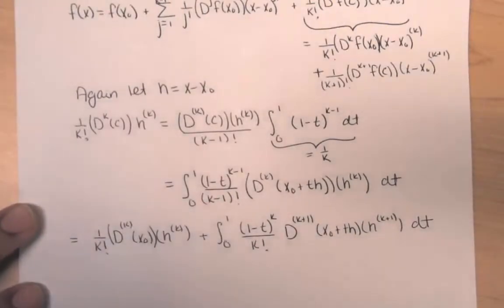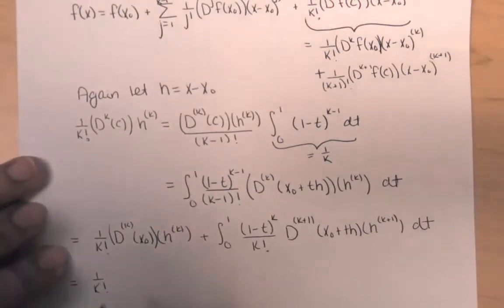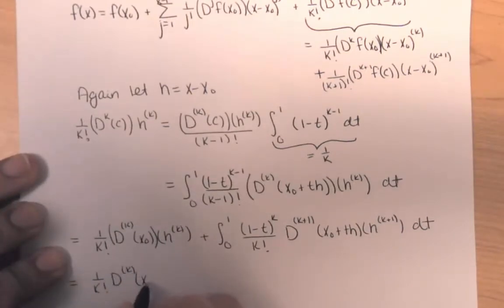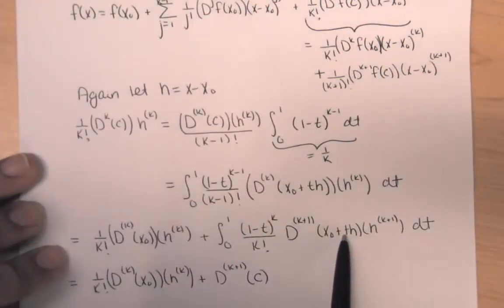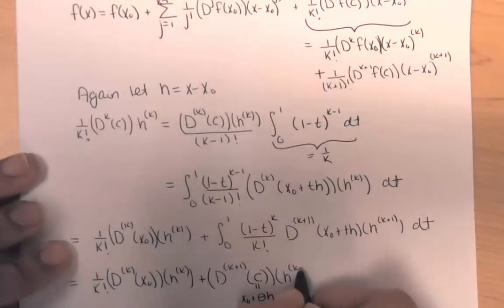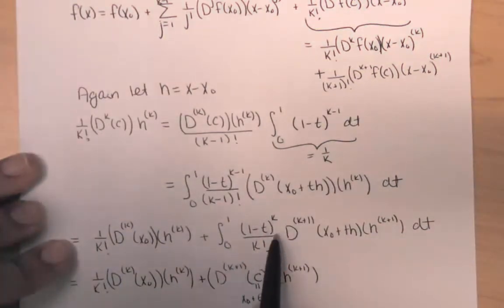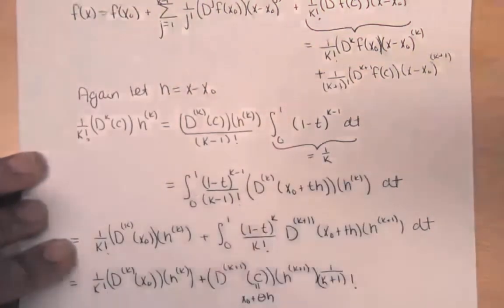And again, using the same generalization of the mean value theorem, this equals 1 over k factorial times the kth derivative evaluated at x naught times the k-tuple of h, plus this evaluated at some point c, or for some theta between 0 and 1, and I'm saying c is equal to x naught plus theta h, times my k plus 1 tuple times the integral of this, which is just 1 over k plus 1 factorial.